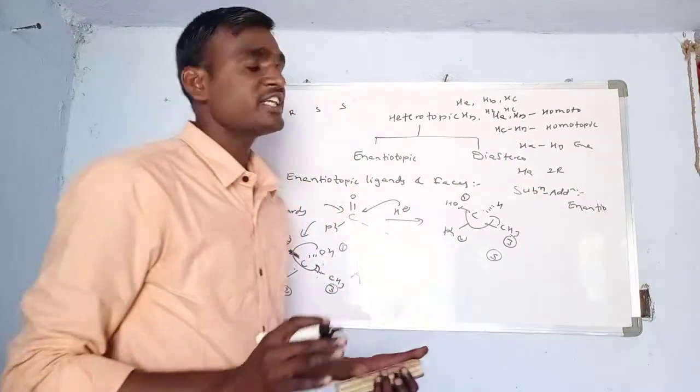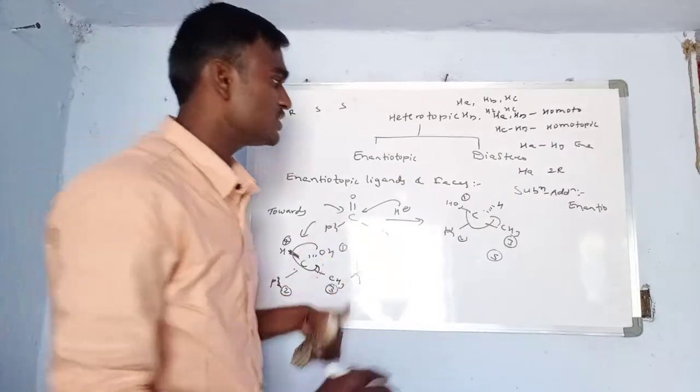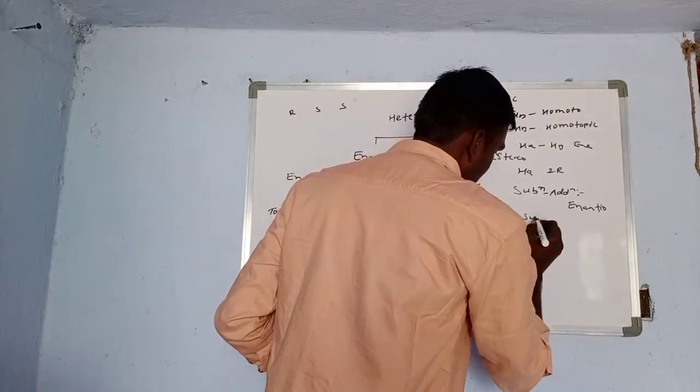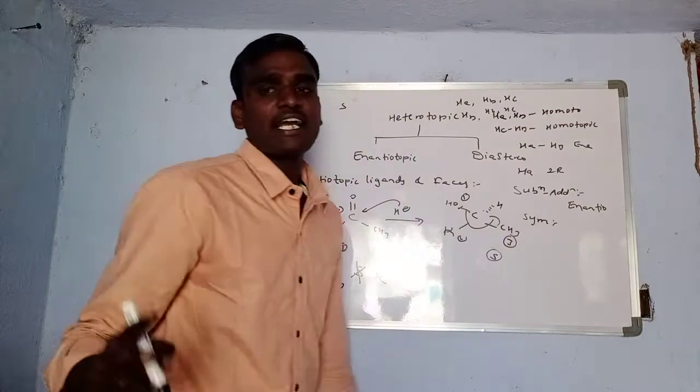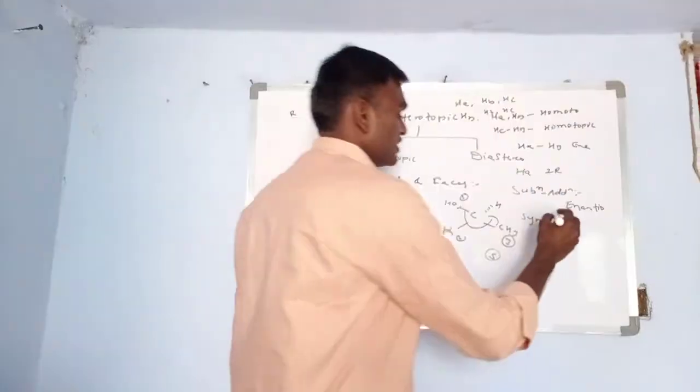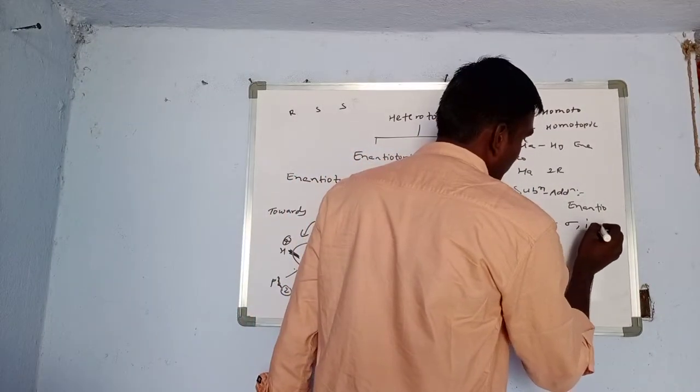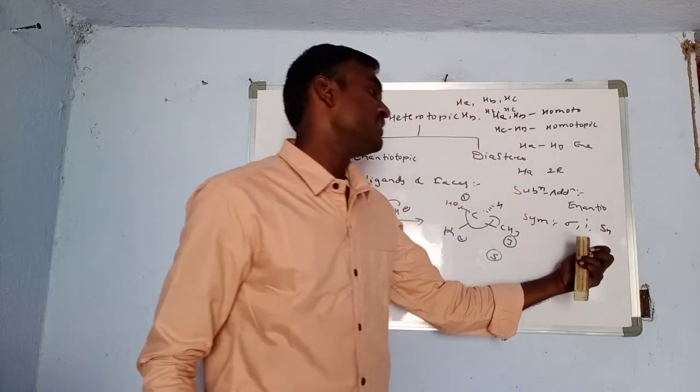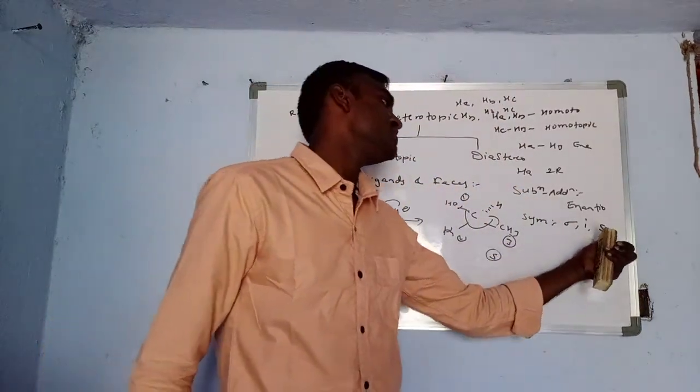And what is the symmetry criterion present in enantiotopic ligands? The second kind of symmetry element, that is sigma, the plane of symmetry, and the center of inversion. Sometimes Sn is also present.